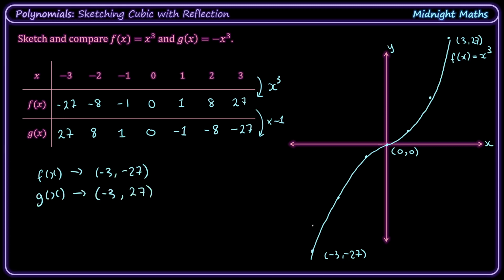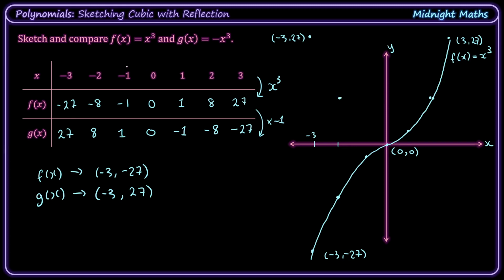So we'll match up the x value of negative 3, but instead of being all the way down at negative 27, it's going to be the same distance up, positive 27. So this coordinate will be negative 3, positive 27. The same thing happens to the rest of the negatives. We had negative 2, negative 8, but now it's going to be positive 8 at the same x value. So we'll go to where our positive 8 was, about here.